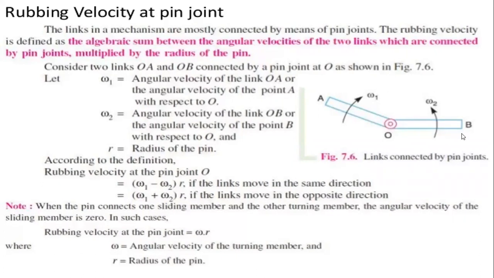Generally the sliding member is taken as 0, so we directly take omega into r, the turning member angular velocity and the radius of the pin. That is the rubbing velocity at the pin joint, by taking two different links with a pinned joint.